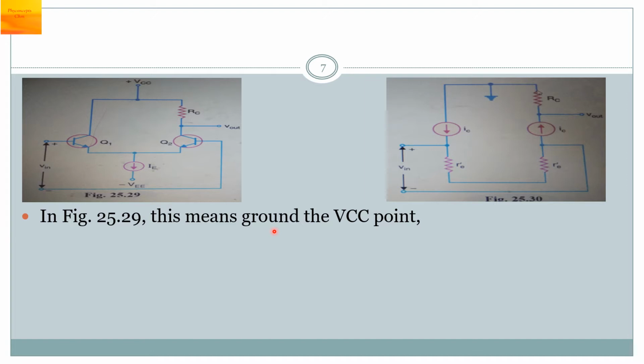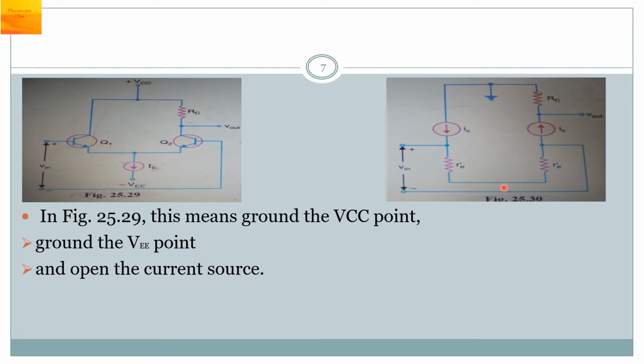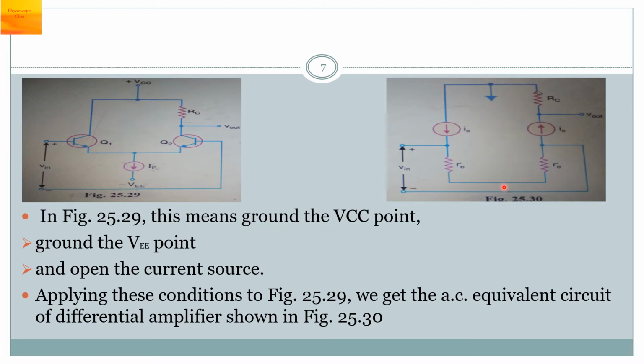So we ground the VCC point and the VE point and open the current source, and we get the AC equivalent circuit, this one.